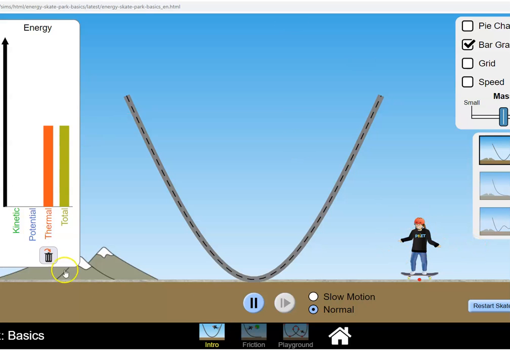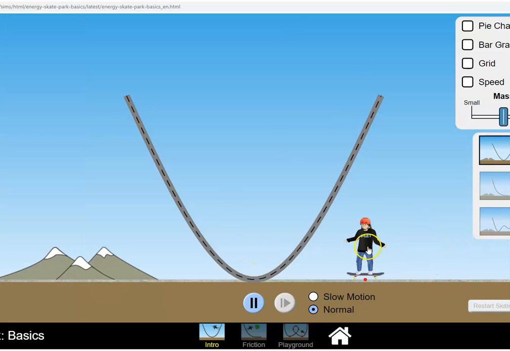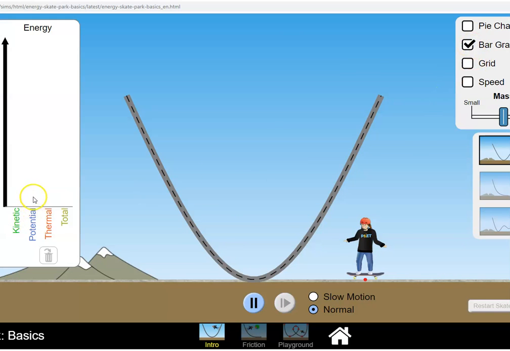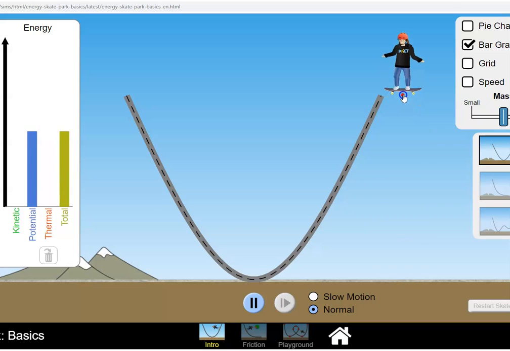If you take a look right here, we have our skateboarder. If I pick up the skateboarder and put a little bar graph here, you'll notice the potential energy increases as I raise the skateboarder higher, because I'm giving the skateboarder more gravitational potential energy.